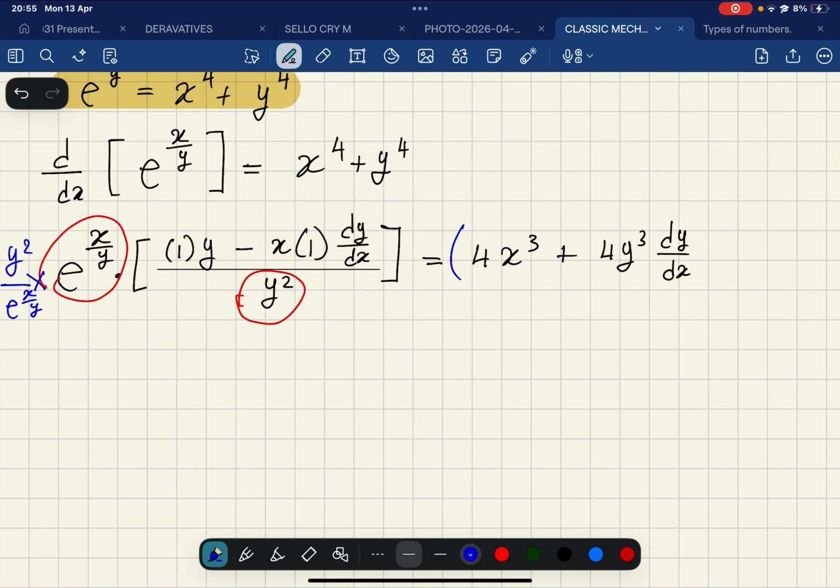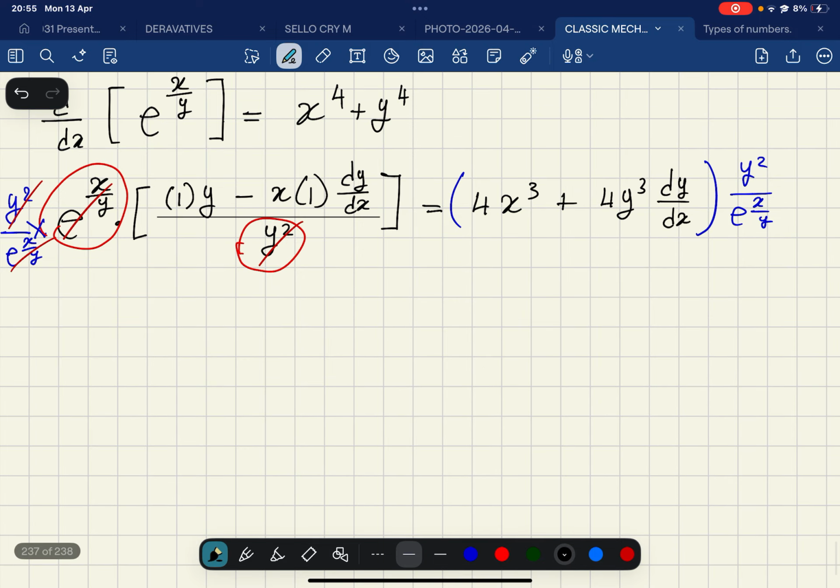Then this side I will multiply by the same. From here, this one cancels that one, this one cancels this one. So I am left with what?